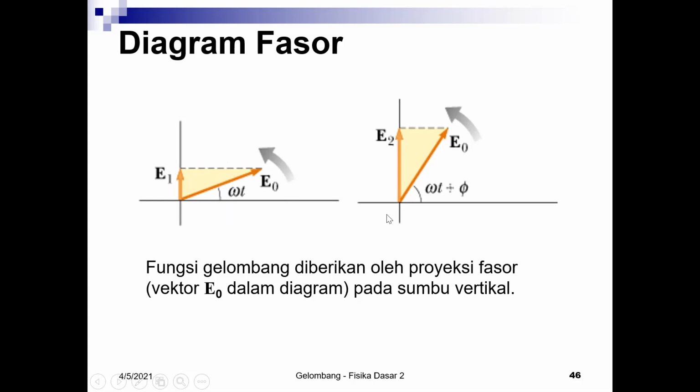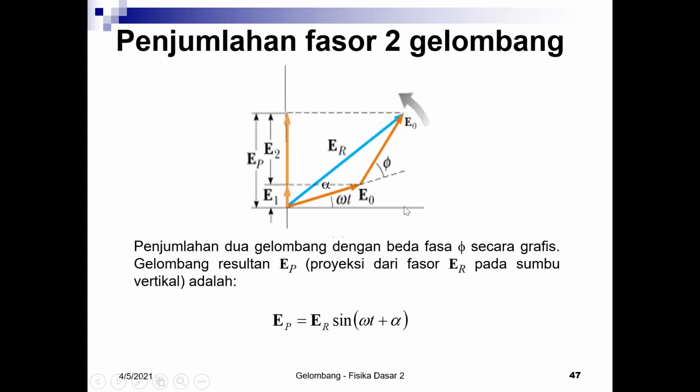E2, for example, has the same amplitude but a different phase, this phi here. So this is the phasor diagram of two waves. This is the superposition, and this ER is the resultant wave.